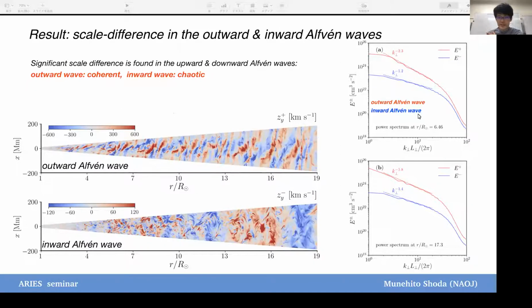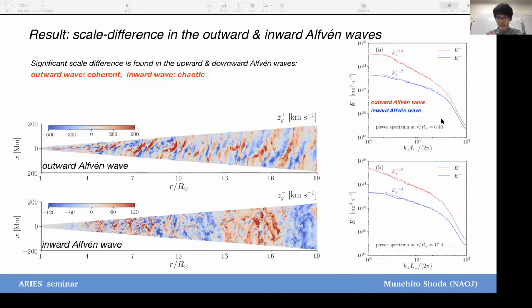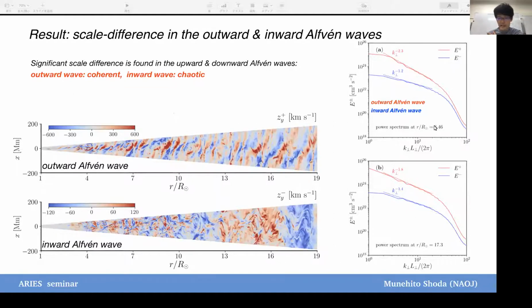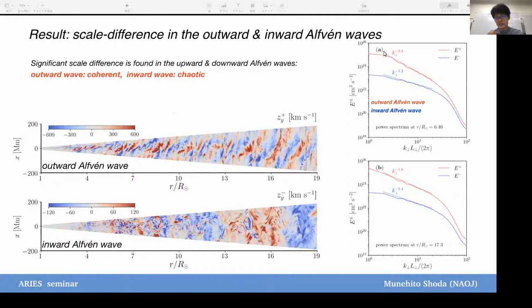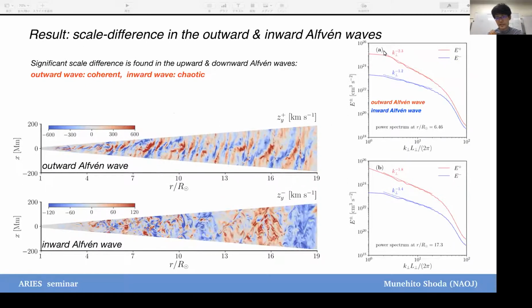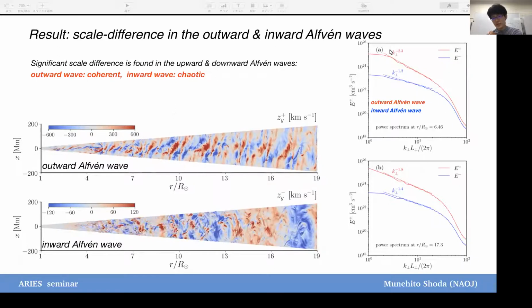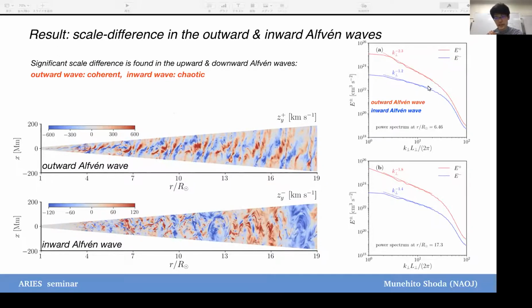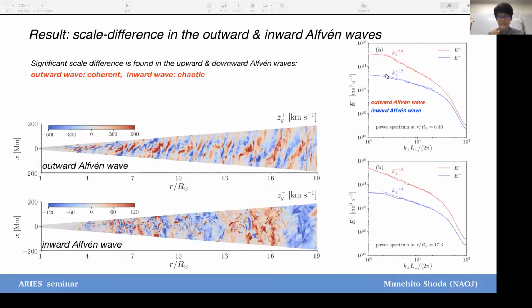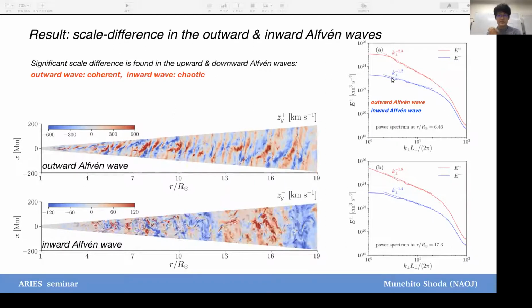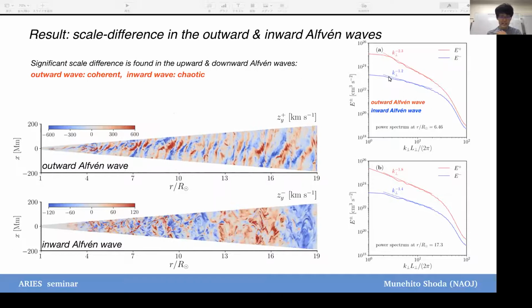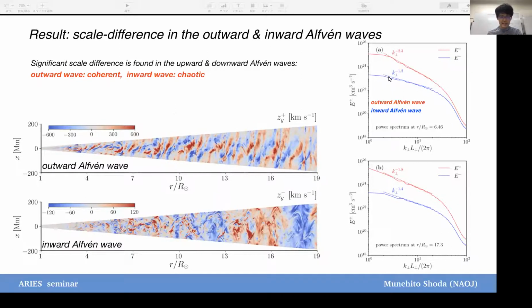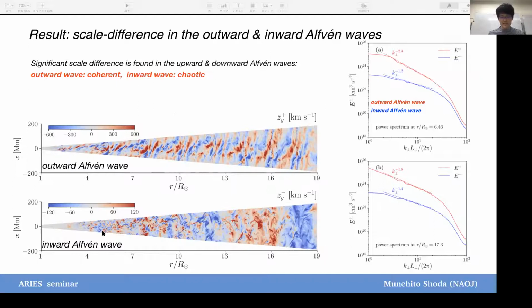For example, if you see the power spectrum at r equals 6.5 solar radii, then you find significantly different slopes between the outgoing Alfvén wave and the incoming Alfvén wave. The incoming Alfvén wave has a flat spectrum, which means that it has large energy in small scales, which is consistent with this animation.